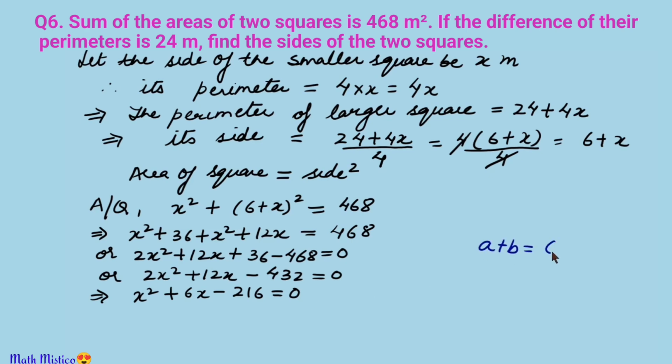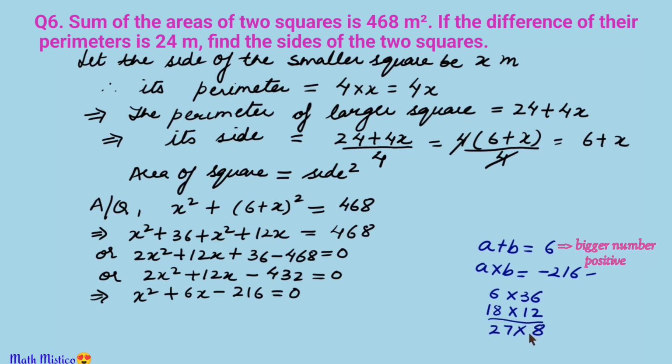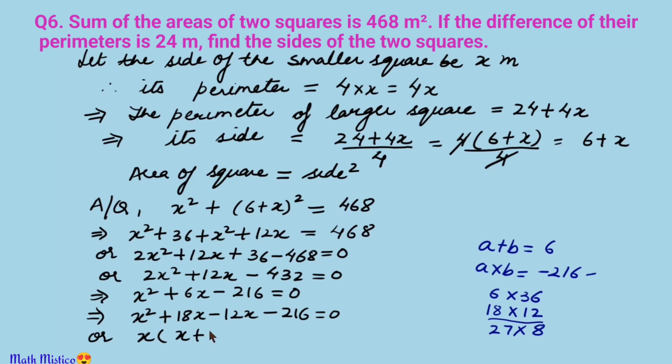Here a plus b is 6 and a into b is minus 216. Negative product means we have to subtract the two numbers. So 18 and 12 are the numbers whose difference will be 6. Therefore, x square plus 18x minus 12x minus 216 is equal to 0, or x into x plus 18 minus 12 into x plus 18 is equal to 0.